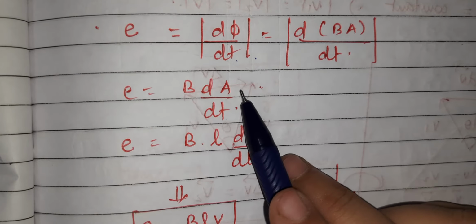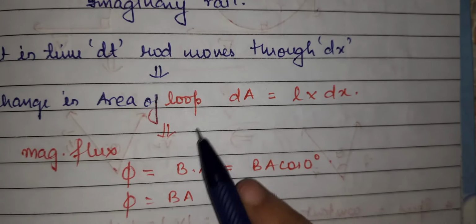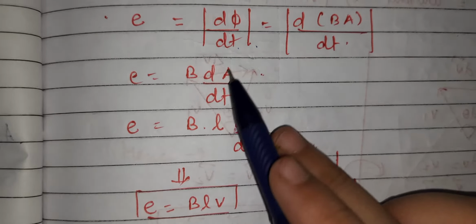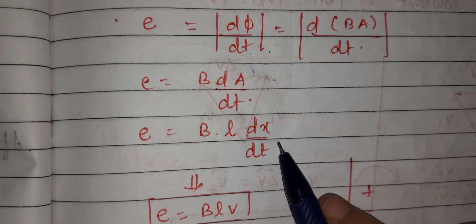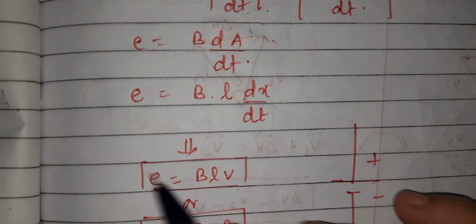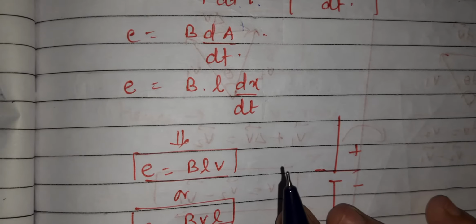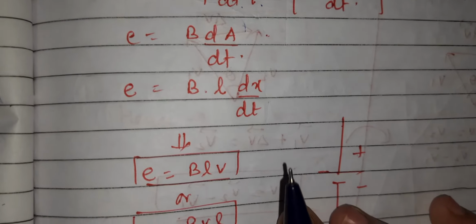Now A is equal to L into dx, so in place of dA I write L dx, and dx/dt gives the velocity. In this way we get the EMF produced because of the motion of a conductor in the presence of the magnetic field line.